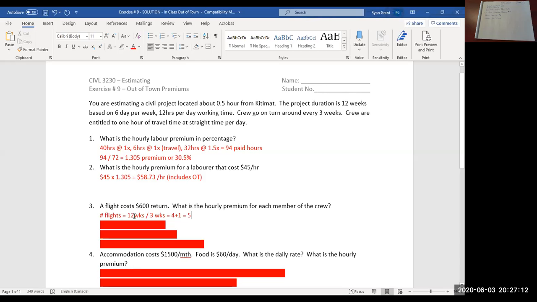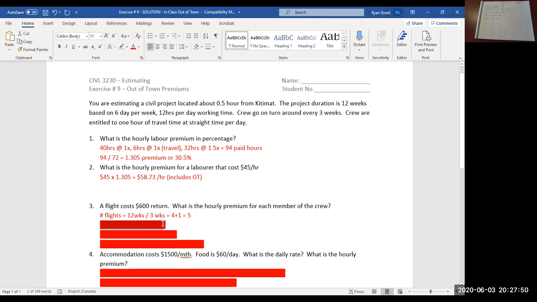Three weeks later is your second flight, now you're 3 weeks into the job. Three weeks later is your third flight, now you're 6 weeks into the job. Three weeks later is your fourth flight, so you're 9 weeks into the job. And then again, 3 weeks later is your last flight, and that's your fifth one. So 12 divided by 3 is 4, but you need to add 1 for the ends of the 12 weeks.